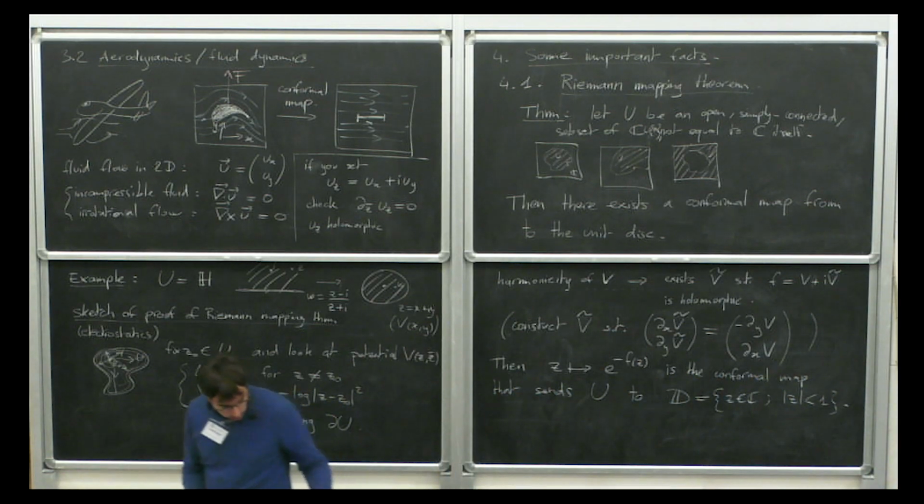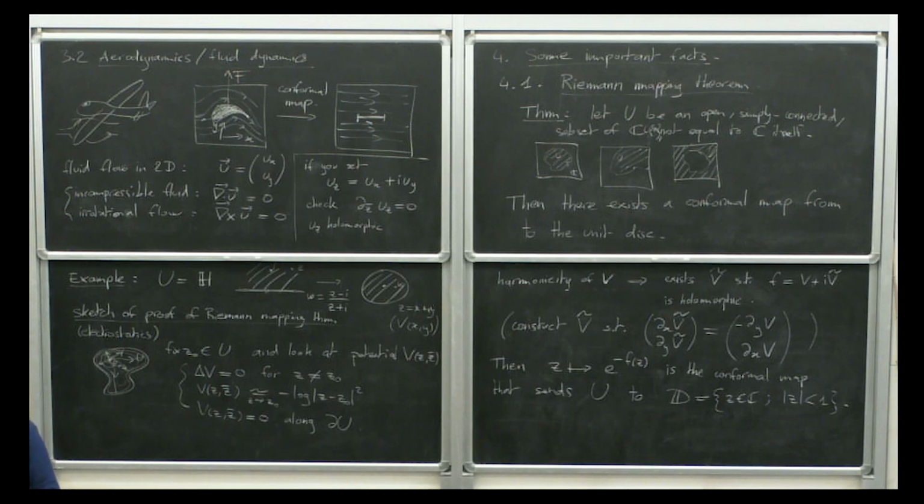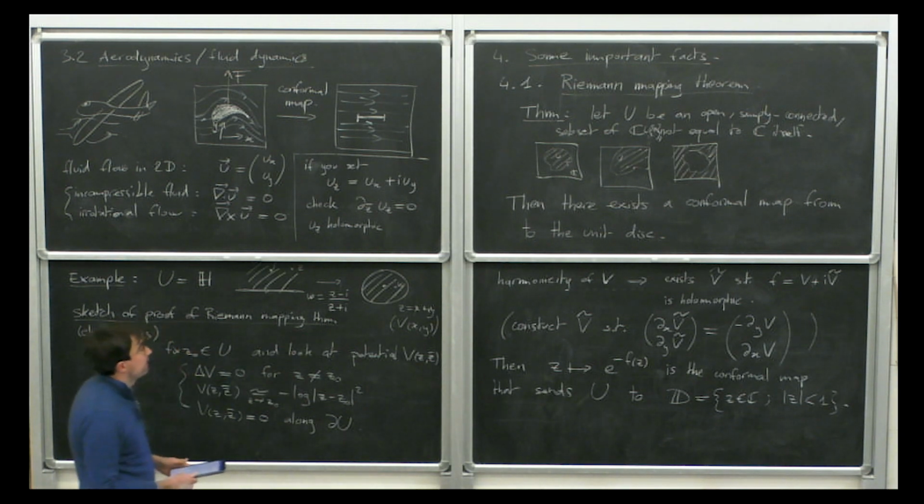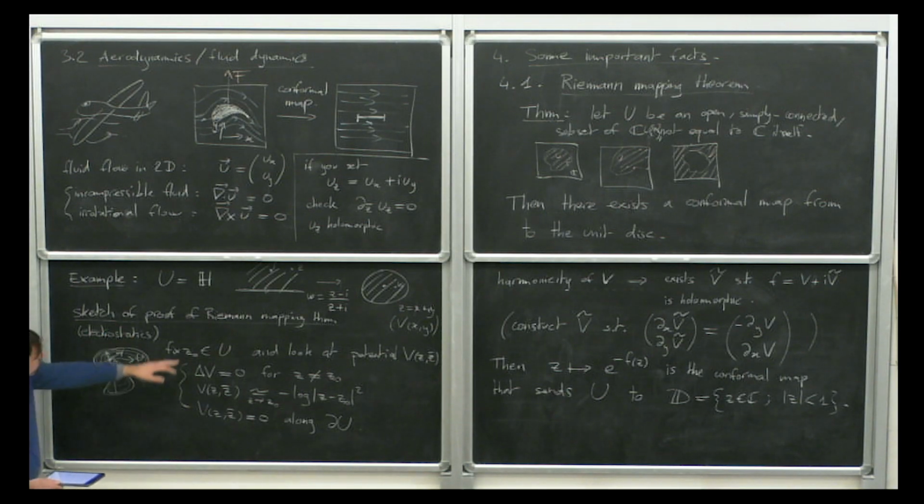So that's essentially Riemann's mapping theorem. I mean, this proof, of course, is good enough for physicists. It's not completely rigorous because you need to justify that such a thing exists.